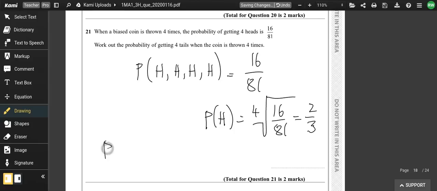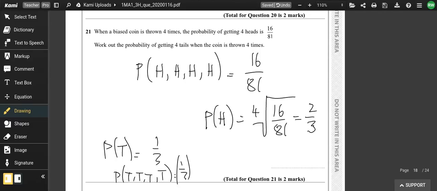So the probability of getting tails is going to be 1/3. And so the probability of getting tails 4 times will be 1/3 to the power of 4. So 1 over 3 to the 4 is 81.